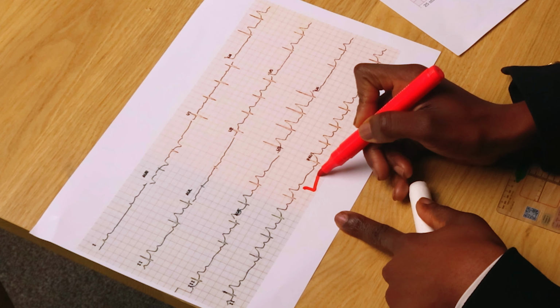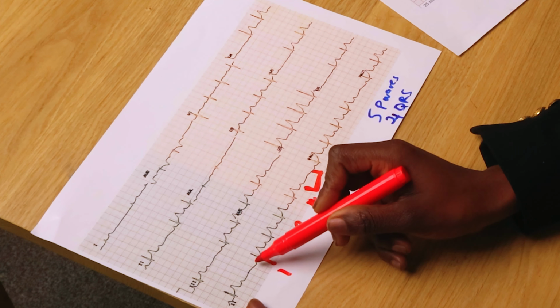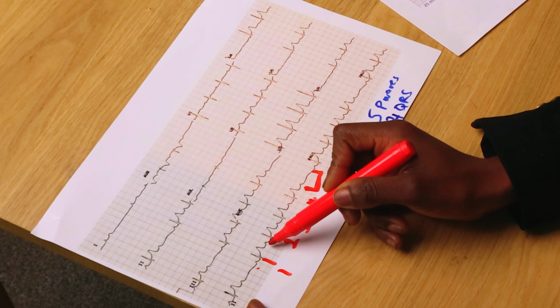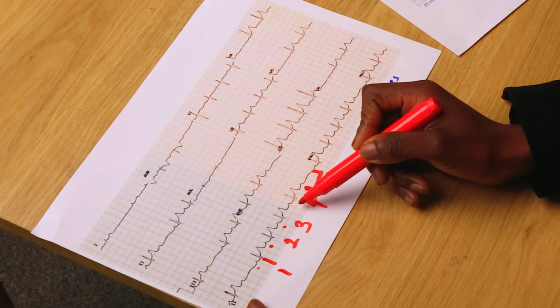And when you count the R waves, what you have here is 1, 2, 3, and 4. But when you count the P waves, you have 1, 2, 3, 4, and 5. And so some will say there's a 5-to-4 ratio going on here.